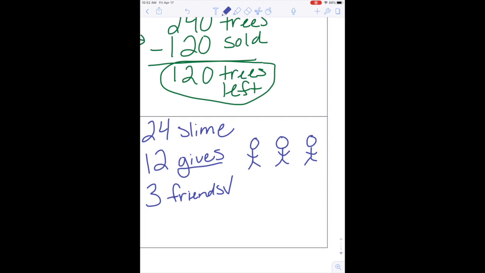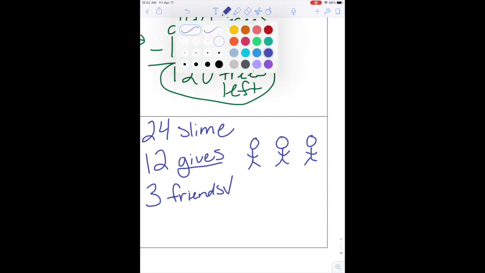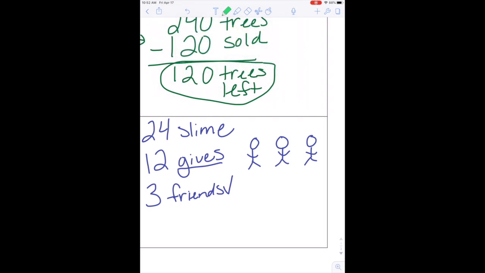He has 12 of them. So I'm going to get some green for the slime. All right, so let's start equally giving out the 12 things of slime. 1, 2, 3, 4, 5, 6, 7, 8, 9, 10, 11, 12. So he gave out 12.